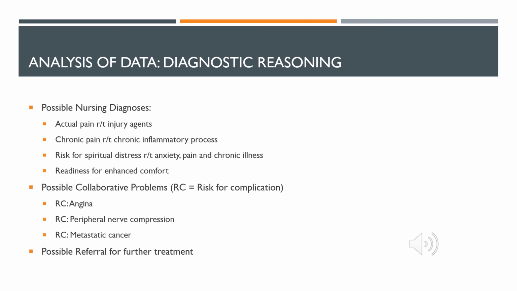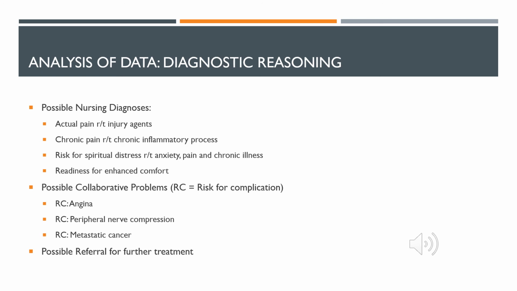So you need to monitor for these complications, but you'll use interventions, both dependent interventions that are prescribed by the healthcare provider and independent nursing interventions that you will do within your scope to try to minimize the complications of the problems. And then the third option is the patient may need referral for further treatment for the problem.